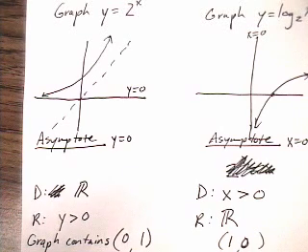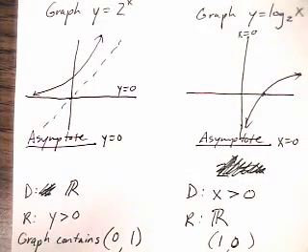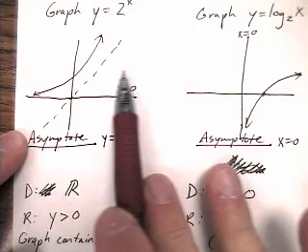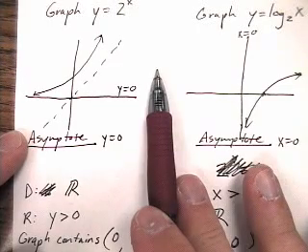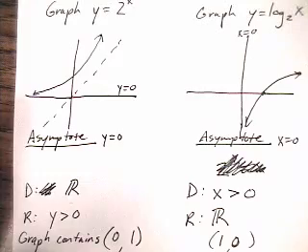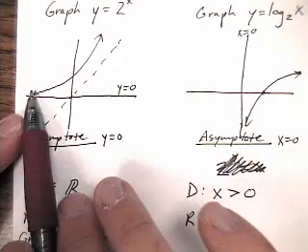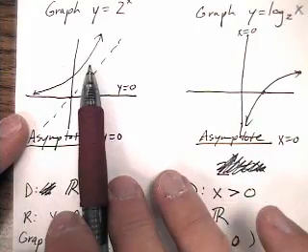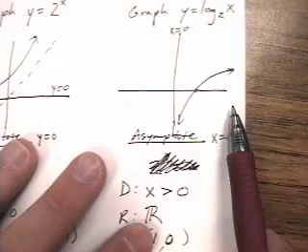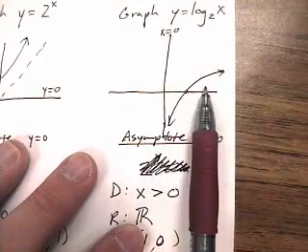Now they have some terms that talk about these graphs as strictly increasing or strictly decreasing. I want you to notice that strictly increasing means as you move from left to right through the graph, what's happening to the y values? Are they getting bigger and bigger and bigger, or smaller and smaller and smaller? These are both strictly increasing. Now this one's more obvious. Everybody says this one's strictly increasing. This one, people don't say it's strictly increasing. Why?